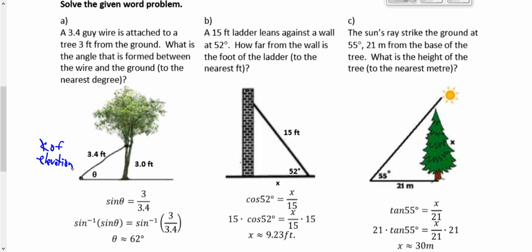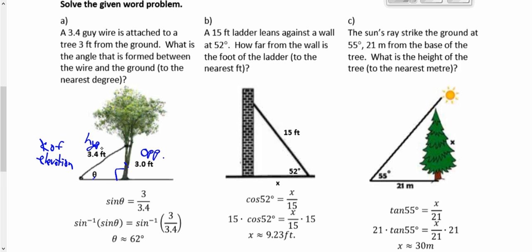So we got a right triangle, don't we? So if we want to find that angle, and we got a couple of sides, we're probably going to be using trig, right? We just learned some sine, cosine, tangent stuff. So what trig function are we going to use? What's this? Opposite, and this is what? Hypotenuse. Sine. The wire. Yeah, so your equation is sine of theta equals 3 over 3.4.